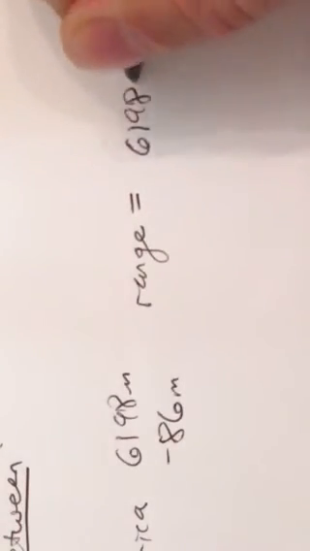Okay, so here we are. The example on page 17, North America. Its highest point is 6,198 meters. I think that's like Mount McKinley in Alaska. And negative 86 meters. It's like somewhere in Death Valley, California, I think. So the range, the difference between those heights is 6,198 minus negative 86.